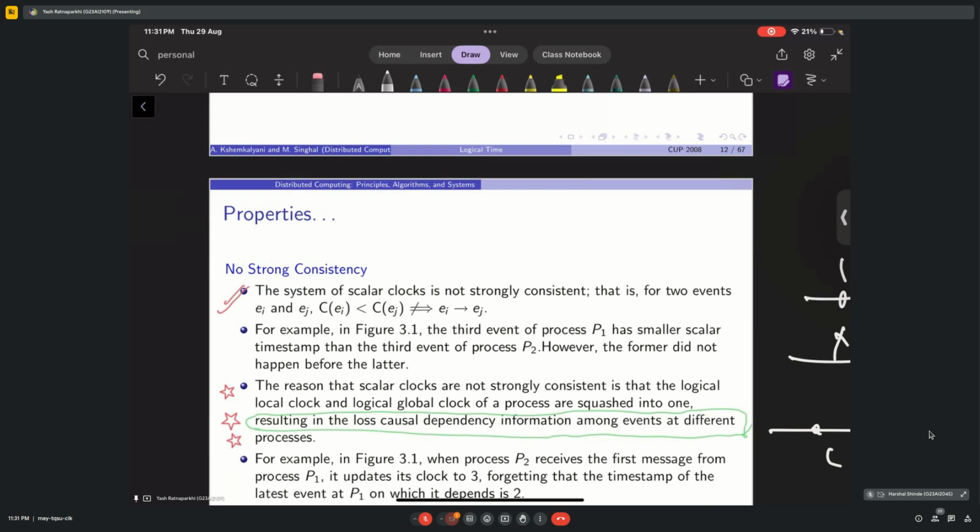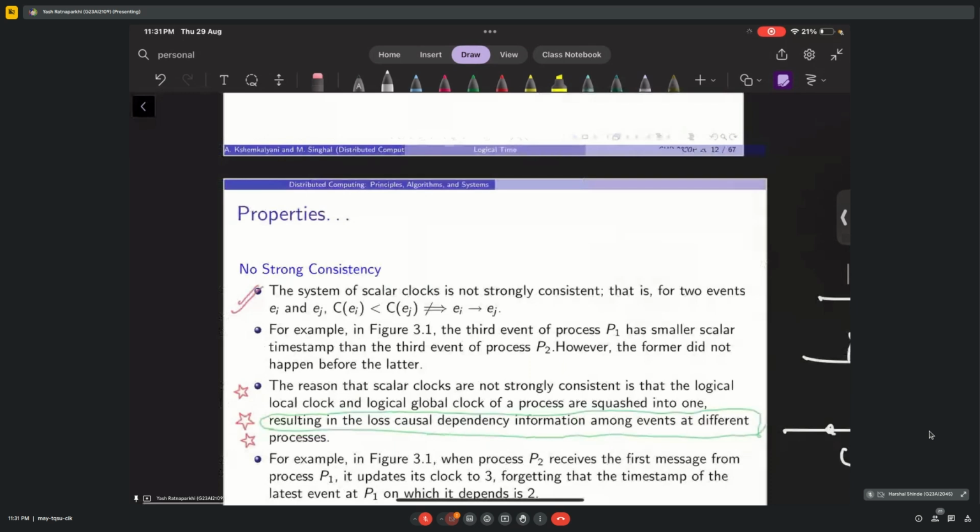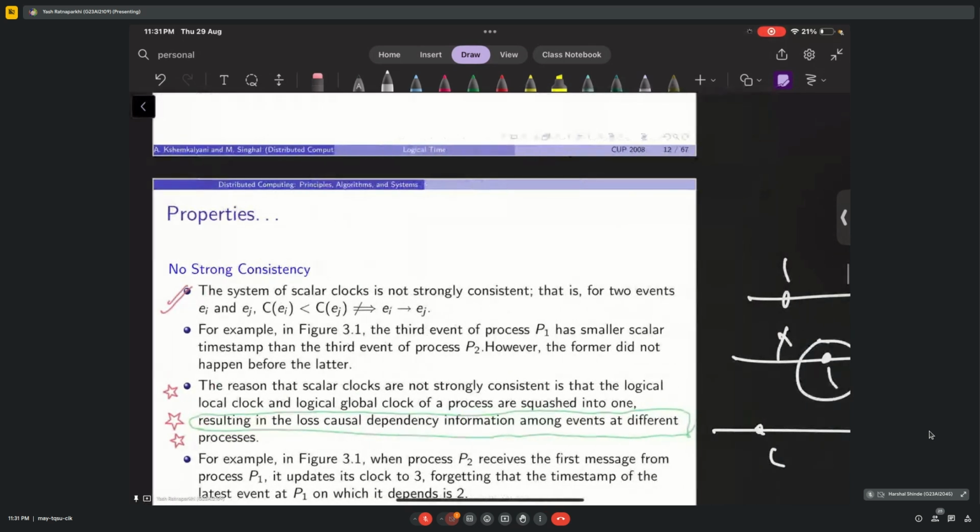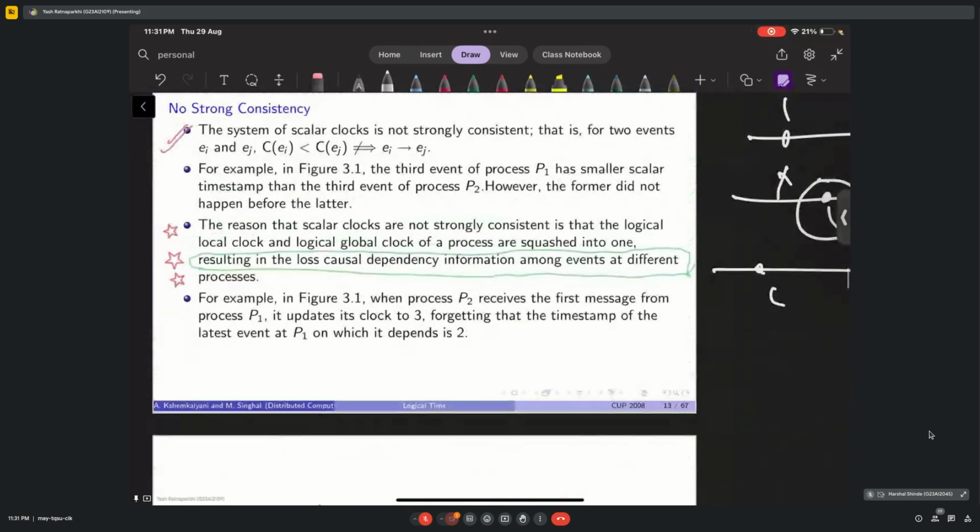Understood this thing? In figure 3.1, the third event of P1 has a smaller scalar value than the third event of P2. However, the former did not happen before the latter. That's what this diagram says. Now, what is the reason behind this? The scalar clock is not strongly consistent because the logical clock and the global clock are both squashed into one particular integer.